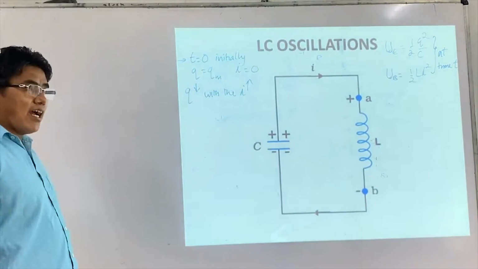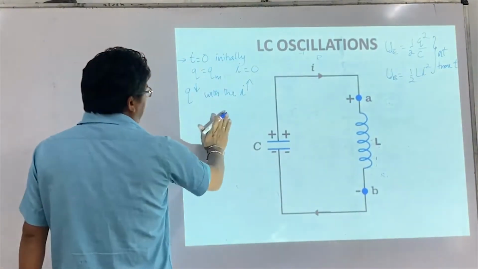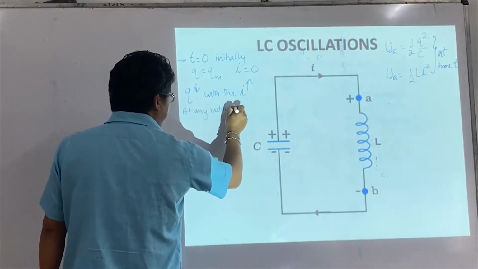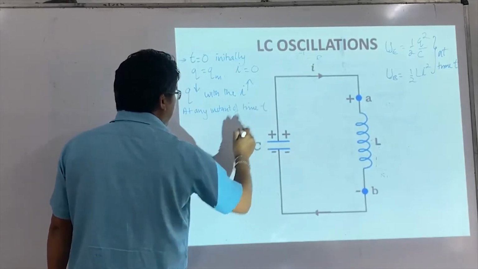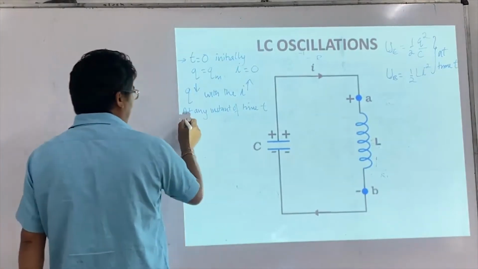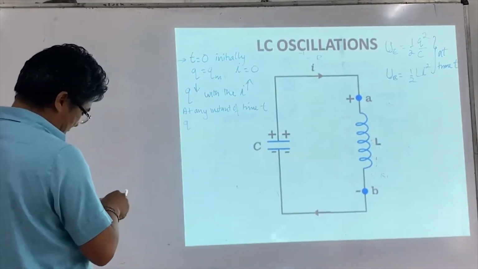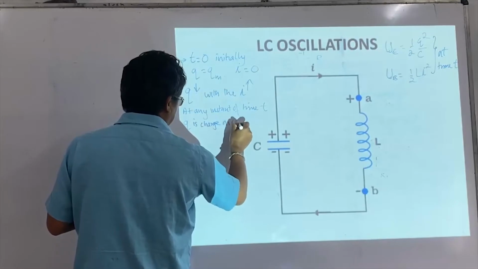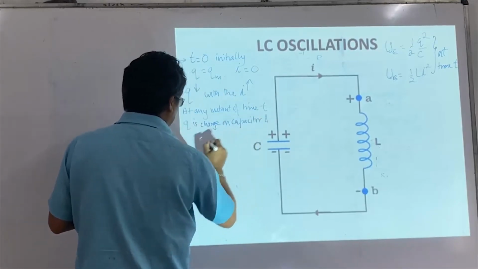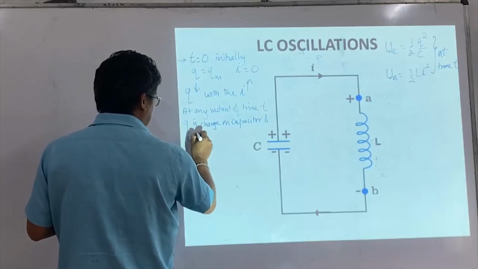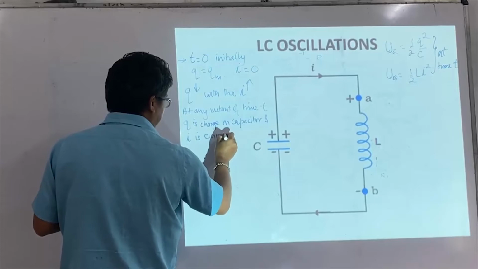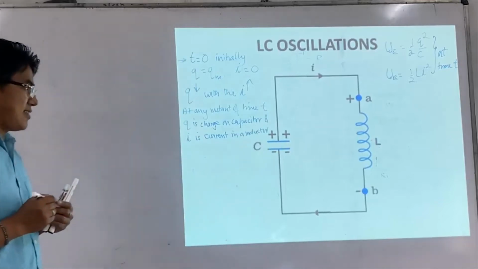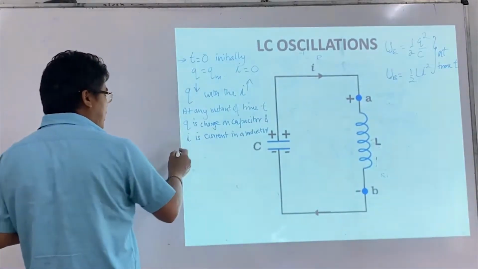This is what we have as the initial condition. Now at any instant of time t, Q is the charge on the capacitor and I is the current in the inductor. And then at that instant of time t, I use Kirchhoff's rules.